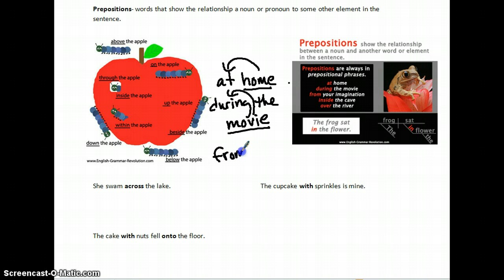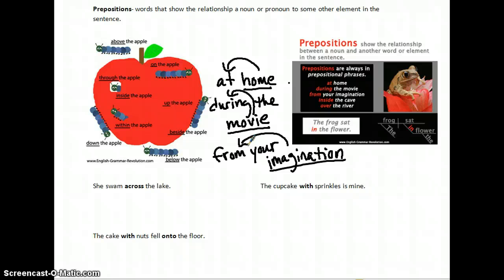From your imagination, imagination is the object of the preposition from. Cave is the object of the preposition inside. River is the object of the preposition over. Hopefully you're understanding that. Okay?